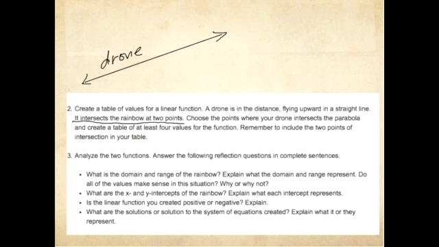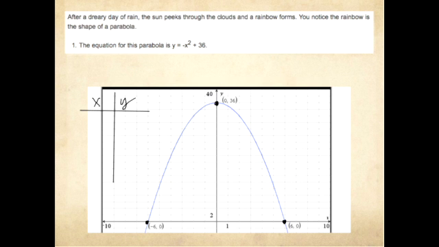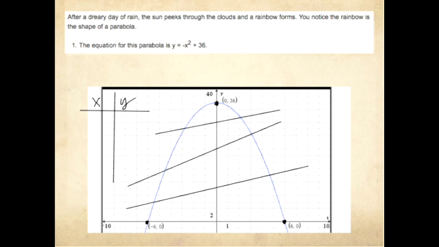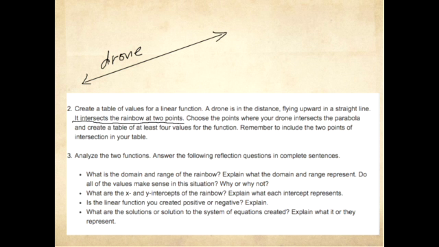So if I'm looking back over here on this page, I could be like, okay, here's my drone. It's flying upwards. Here's my drone. It specifically states that the drone is flying upwards and intersects the rainbow at 2 points.